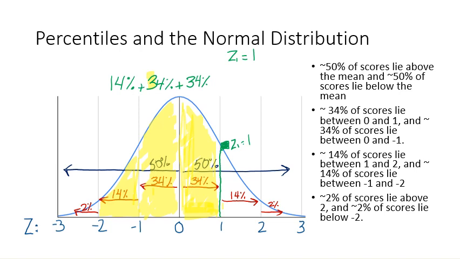And we have to get the estimated proportions that are in this little tail, which is approximately 2%. And so if we add all of these together, 34 plus 34 plus 14 plus 2, 68, 78, 82 plus 2 is 84%.